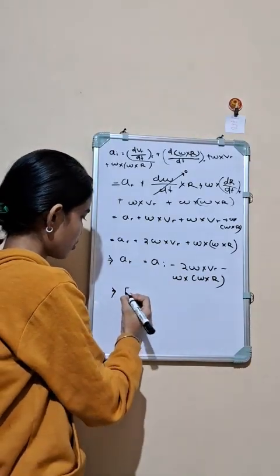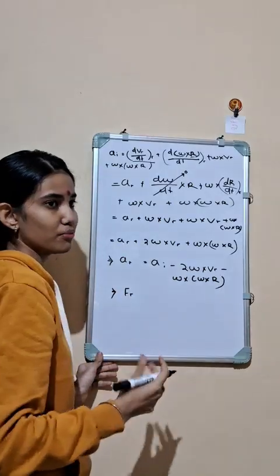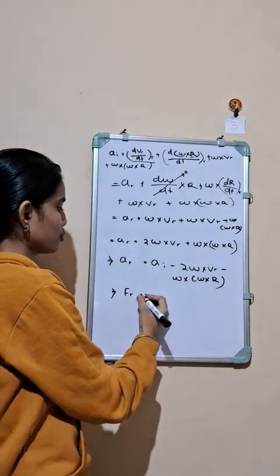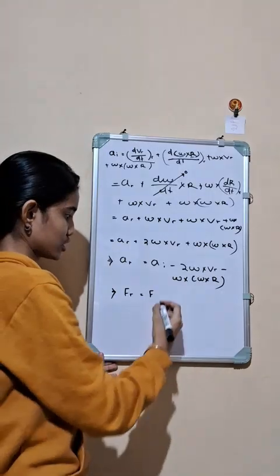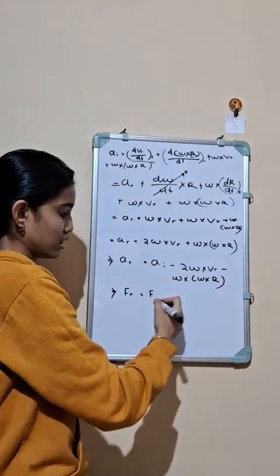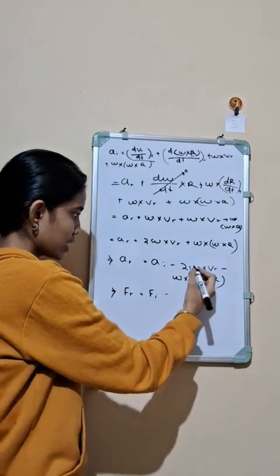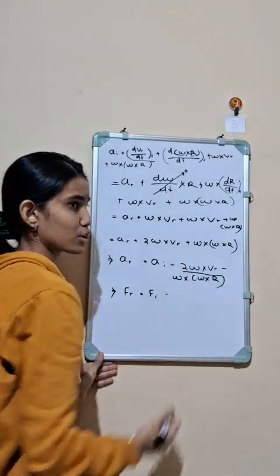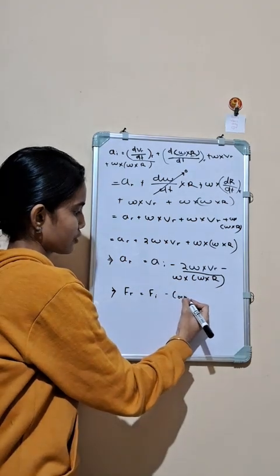Here the force as felt from a rotational reference frame will be equal to the actual force applied, that will be seen from the inertial reference frame, minus this term times mass, which will give us the Coriolis force.